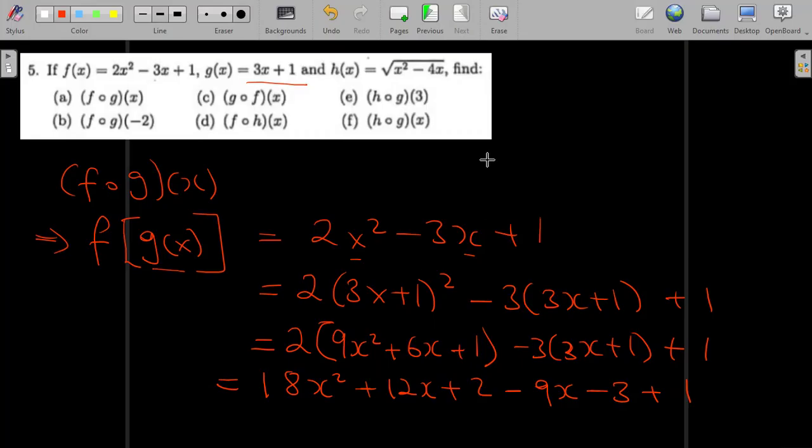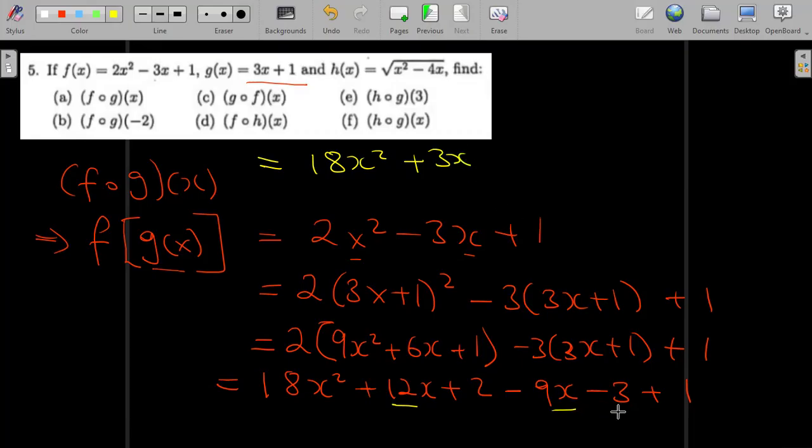Then what do I get if I continue evaluating this? I write this in yellow. I can combine this part with that part. 12x minus 9x gives me 3x, so I write the 18x squared first, then a positive 3x.